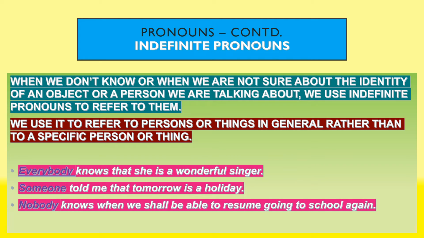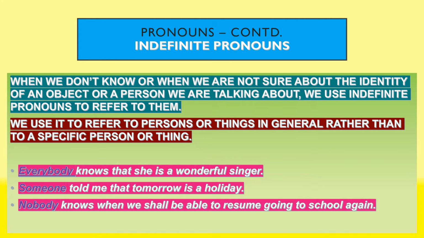But in the case of an indefinite pronoun, we don't know or we are not sure about the identity of an object or a person we are talking about. In that case, we use the indefinite pronouns to refer to them. For example, we use it to refer to persons or things in general. Generally when we speak, we use this, rather than when we are referring to a specific person or thing. When we are referring to a specific person or thing, we are using the demonstrative pronoun.